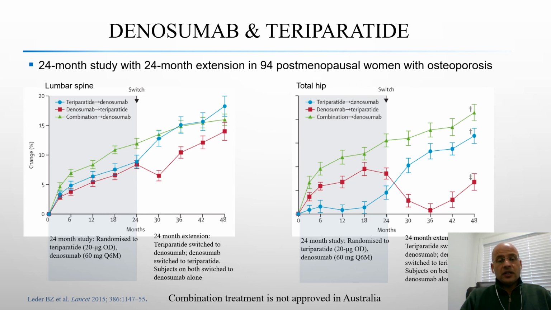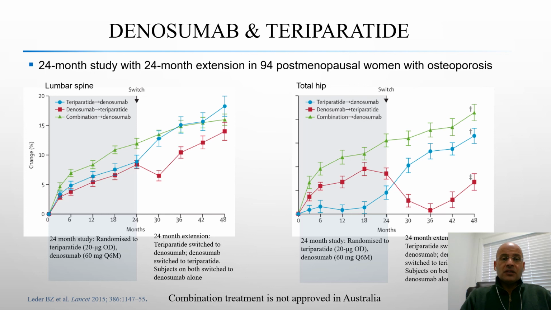If you start with teriparatide and you switch over to denosumab in the blue line, you continue to gain the benefit. You continue to increase the BMD all the way through the 4 years of the trial. Again, in the hip area, the teriparatide didn't do that well. There was hardly any benefit in the hip, and then it starts benefiting, increasing BMD in the hip once you introduce denosumab. The combination arm was better than any other combination in green.